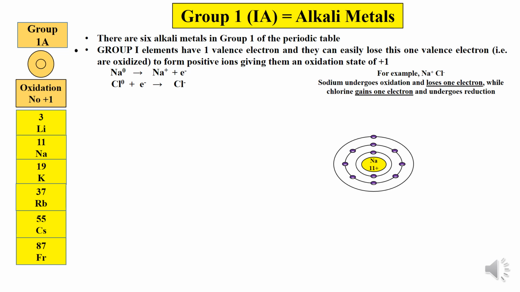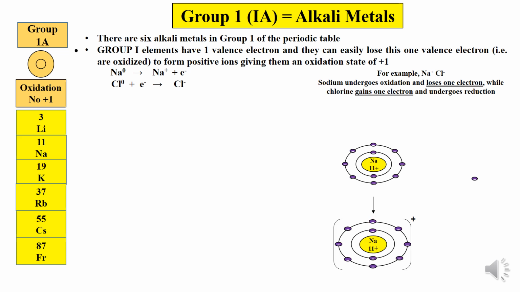Now let's examine the electron structure of sodium to understand this. Sodium has one valence electron in its outermost shell. During the oxidation reaction, it loses its only valence electron and forms a positive ion, that is sodium ion, with a +1 charge.